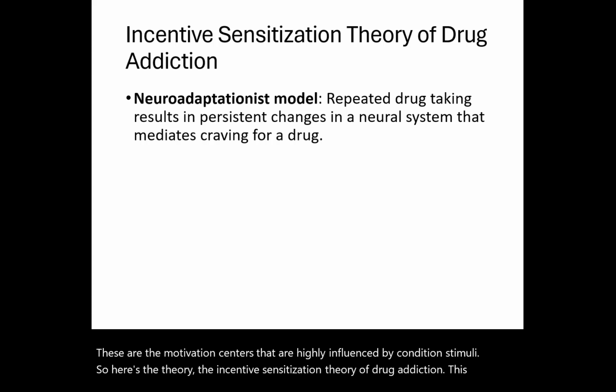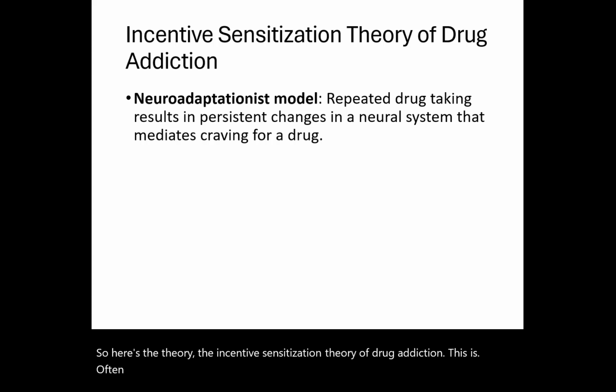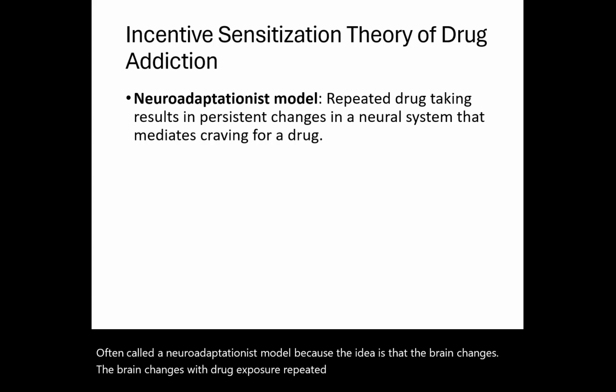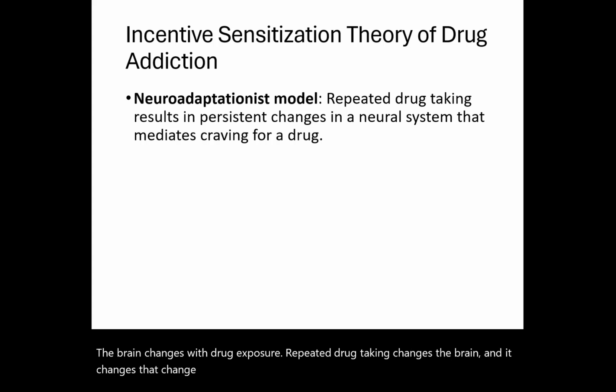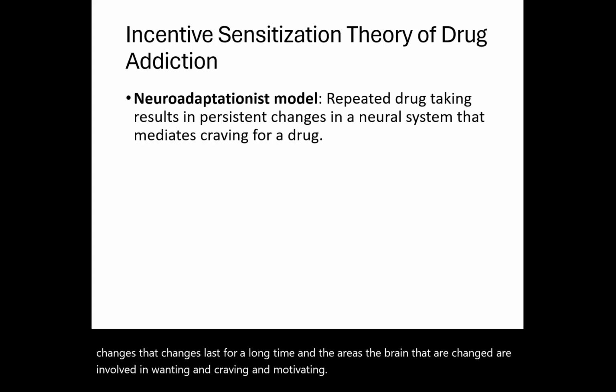This is often called a neuroadaptationist model because the idea is that the brain changes. The brain changes with drug exposure. Repeated drug taking changes the brain, and that change lasts for a long time, and the areas of the brain that are changed are involved in wanting and craving and motivating, and not pleasure.